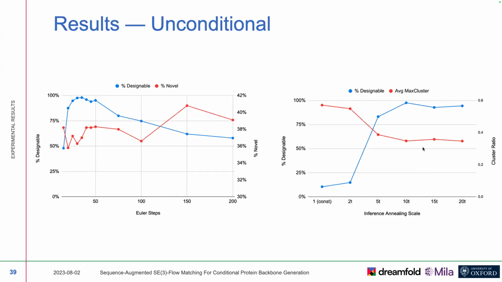I think this was observed in FoldFlow-1, and it's good that we're reproducing it. The other thing that we observed is the importance of this inference annealing trick, which was pretty important to the FoldFlow-1 success. That seems to remain true for FoldFlow-2, so it's likely a general property of protein flow models. So those are some results from the unconditional generation.